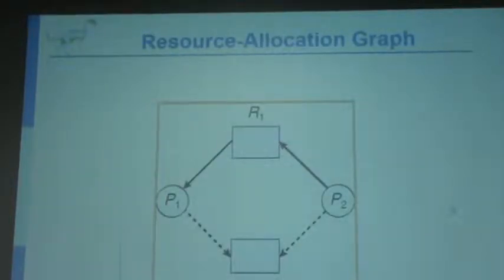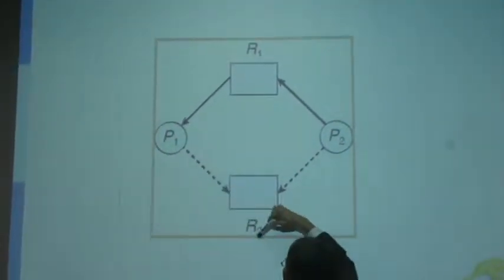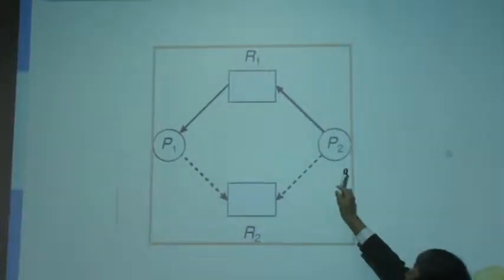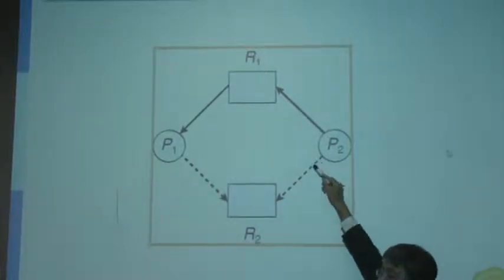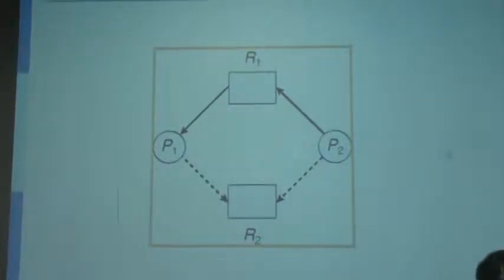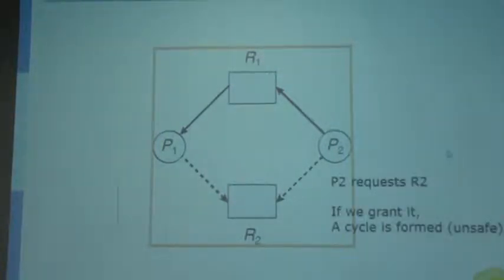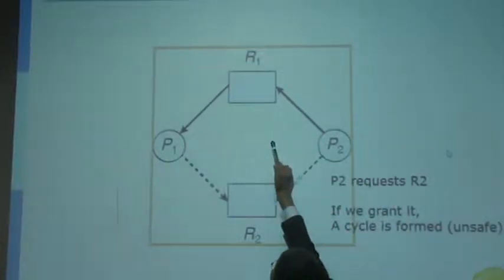So in this case, P2 is claiming the R2, and P1 is claiming the R2, same resource. If you grant the request of P2, then it may cause the deadlock situation. Why? Because P2 is requesting the R1.